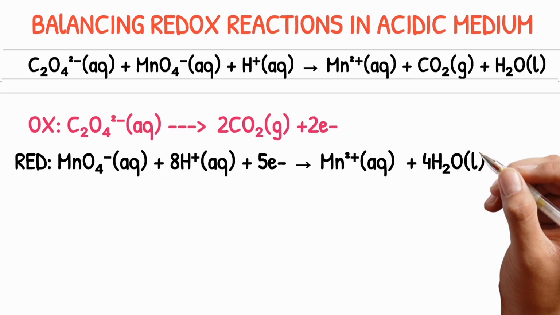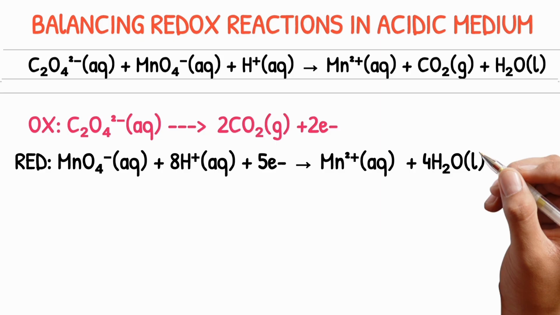When we look at the oxidation reaction, we are seeing just 2 electrons that are lost during oxidation. Now let's come back to the reduction. We are seeing 5 electrons gained.